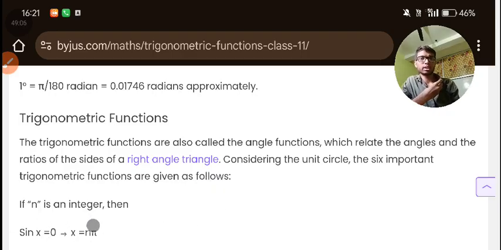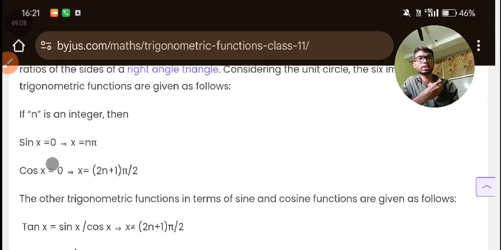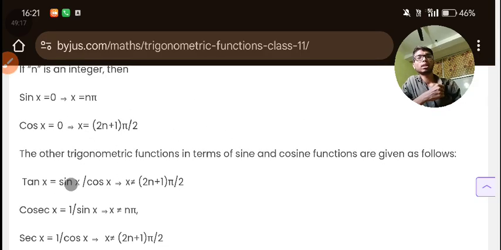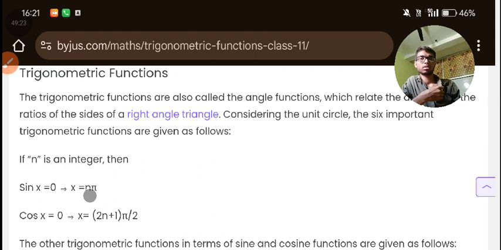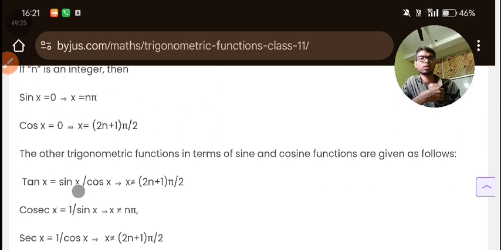If n is an integer, then sin x is equal to 0 here, and cos x would be equal to 0 here. The other trigonometric functions in terms of sine and cosine functions are given as tan x is equal to sin x upon cos x.